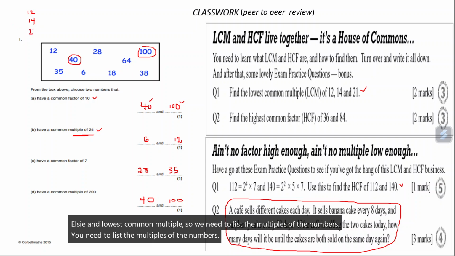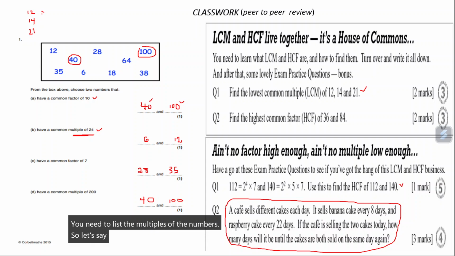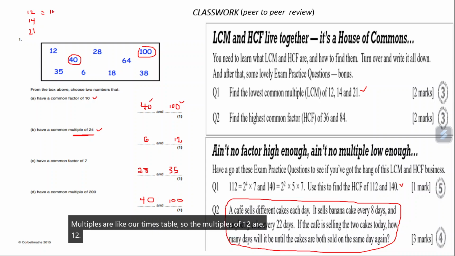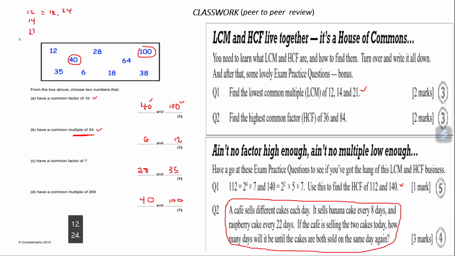So let's see the multiples of 12. Remember we said multiples are like our times table. So the multiples of 12 are 12, 24, 36, 48.